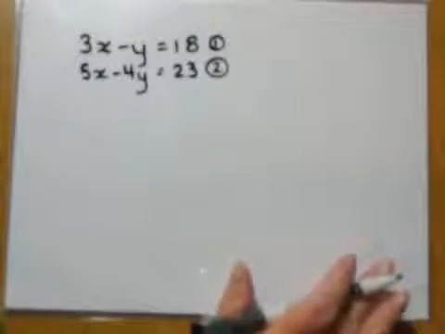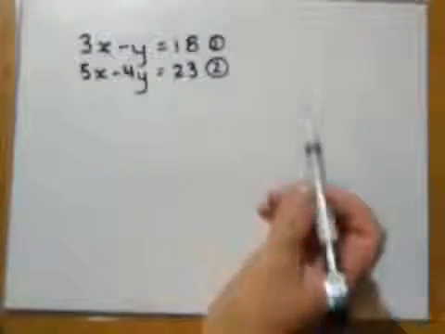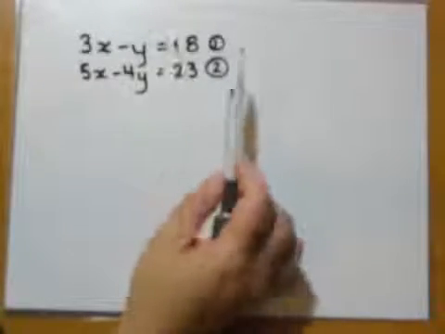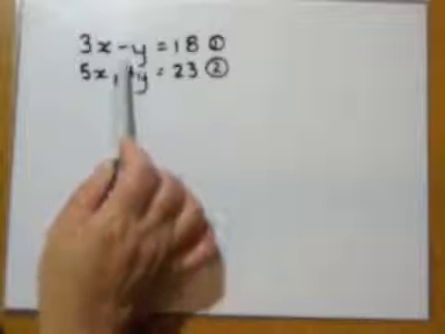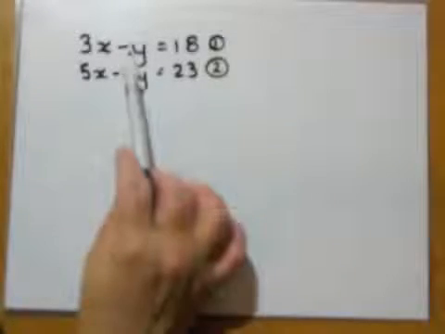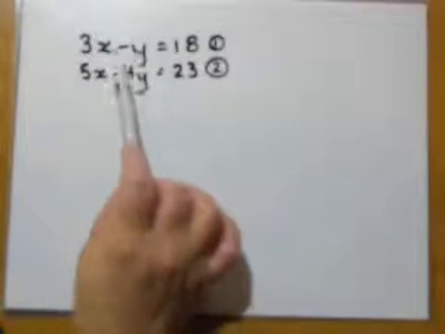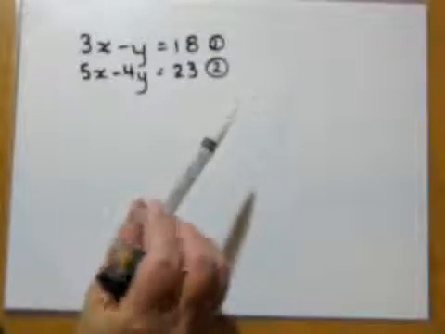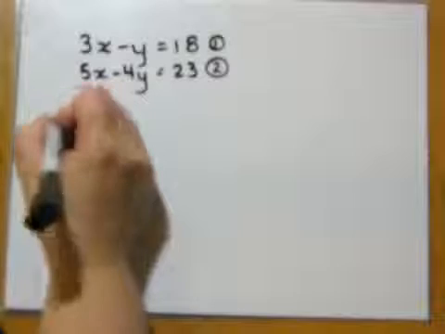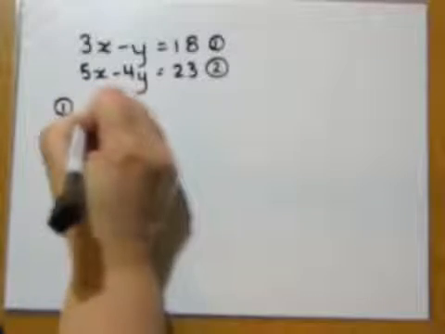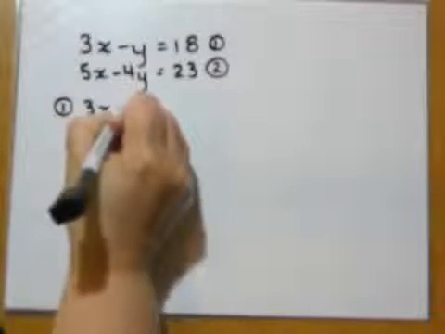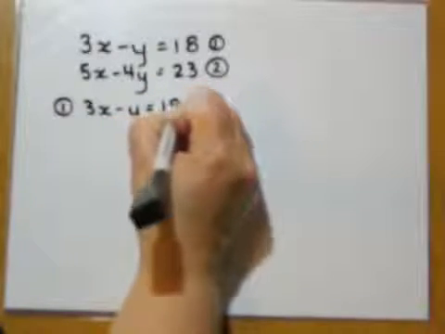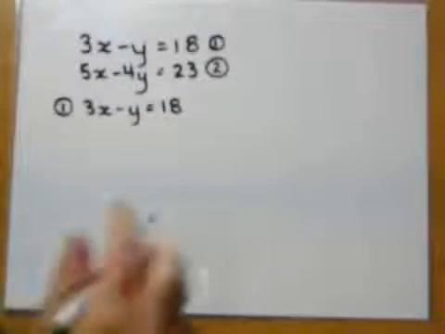Now, we can still solve this by substitution. Even though I don't have just a straightforward y equals, I do have a y here that's almost by itself. It has a coefficient of negative 1, but there's no number in front of it, so that makes it very simple. So I'm going to take equation number 1, which is 3x minus y equals 18, and rearrange it to get y by itself.